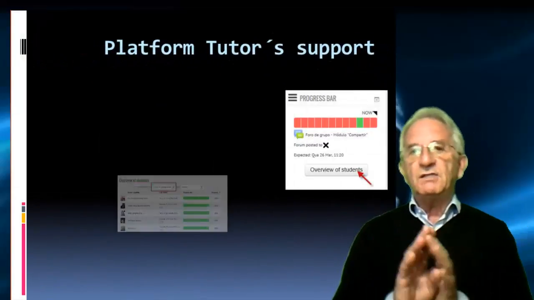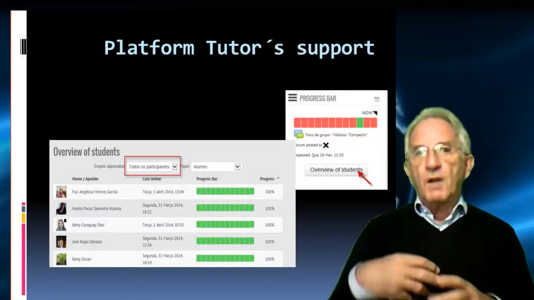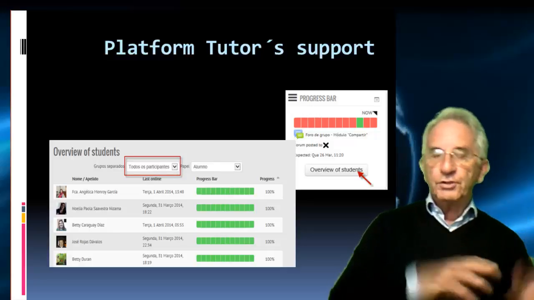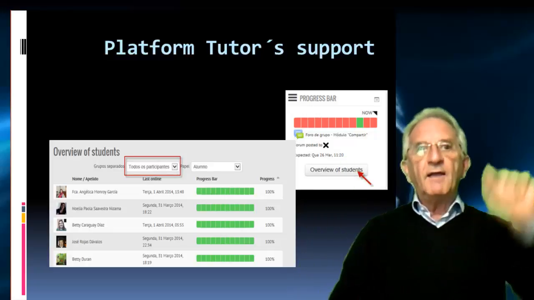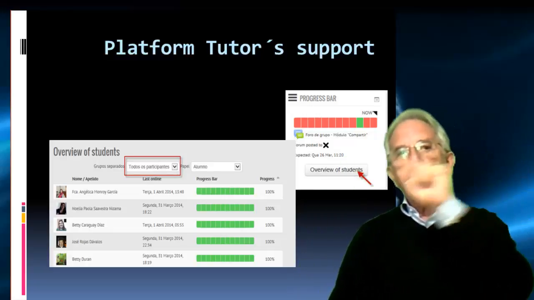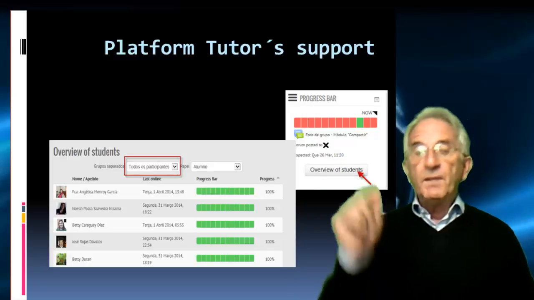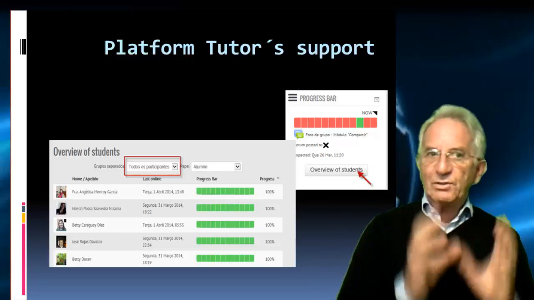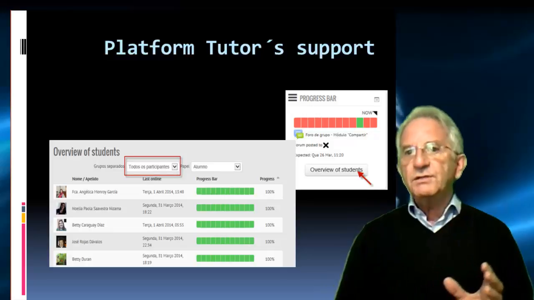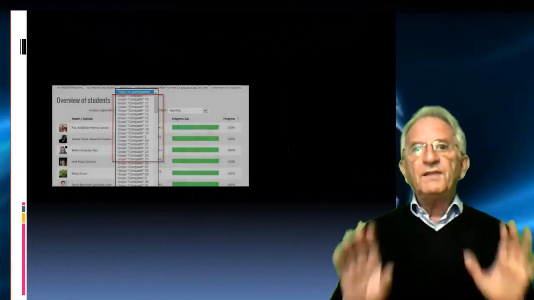These activities can be complemented for tutors. This bar line can inform our students of the work they have done and they have to do. But for teachers, we have more information by student, by groups of students, and all detailed information.